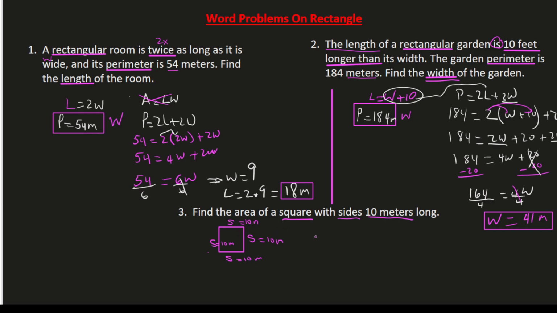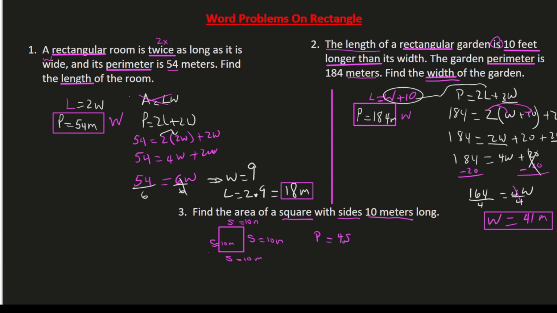I'm going to give you something a little bit more than that. To find the perimeter of the square, you take the sum of all the sides of the square. So it's going to be S plus S plus S plus S, which is equal to 4S. 4 times S, so this is equal to 4 times 10, which is 40. But this is not the question they asked.